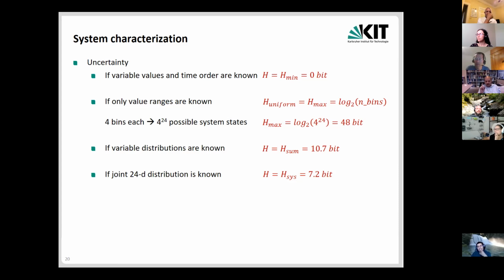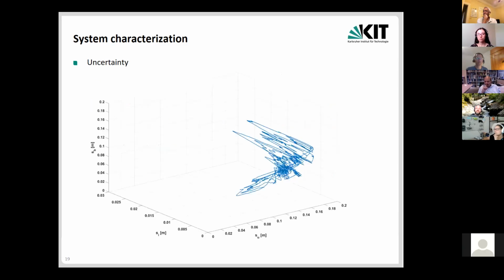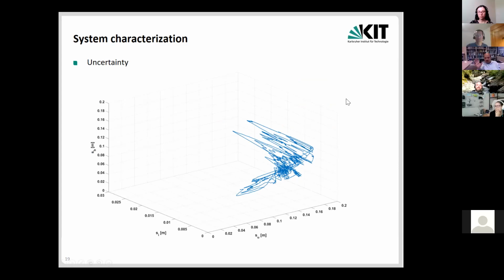Can I ask a quick question, Uwe? Sure. Can you go to the previous slide before this one? I'm trying to understand the sparseness. Are you identifying this discretization in 4 compartments, 4 ranges, based on data or based on some prior knowledge?